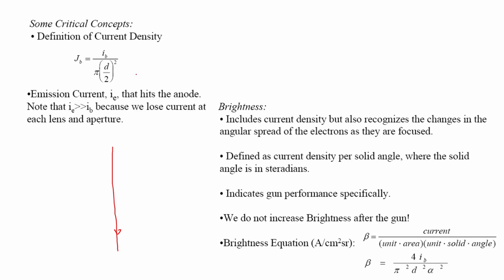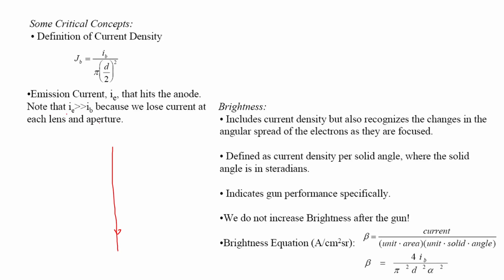The current density is basically the amount of current the beam is carrying divided by the total area. So the current density J_B is given by I_B divided by pi (d/2) whole squared.